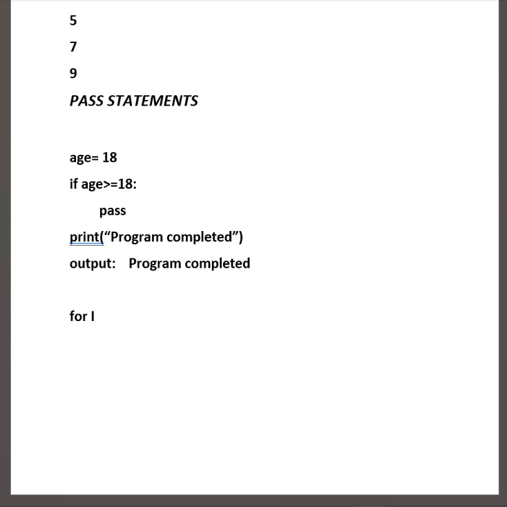For i in range 1 comma 6, if i equal to 3, I'm going to give pass, and I'm going to print i.